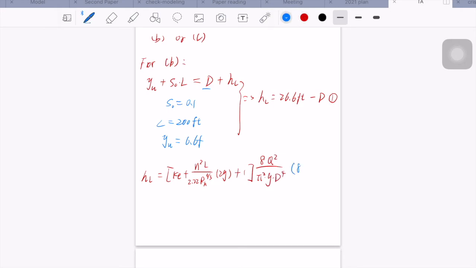This is equation 8.18 in the textbook in the British unit system.